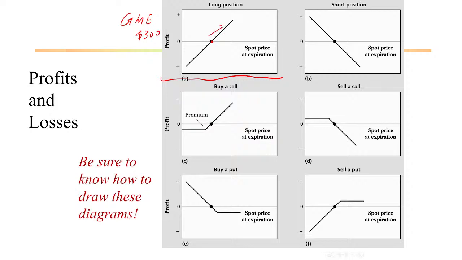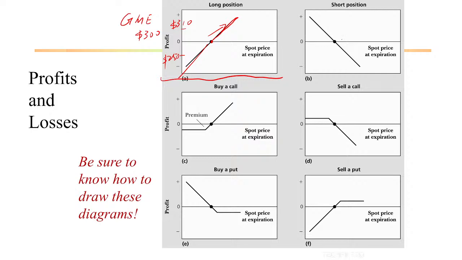If the price goes up to 310, you have a gain. If it goes to 250, below your purchase price, you have a loss. So that's the long position. Go up, you win. Go down, you lose.